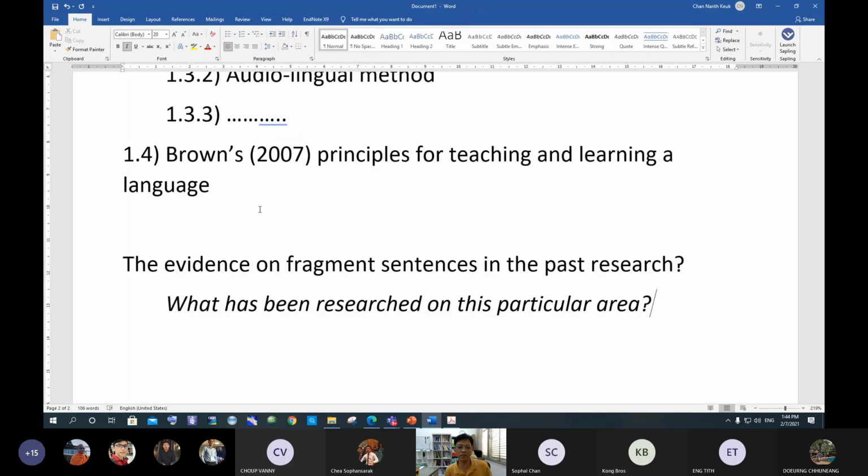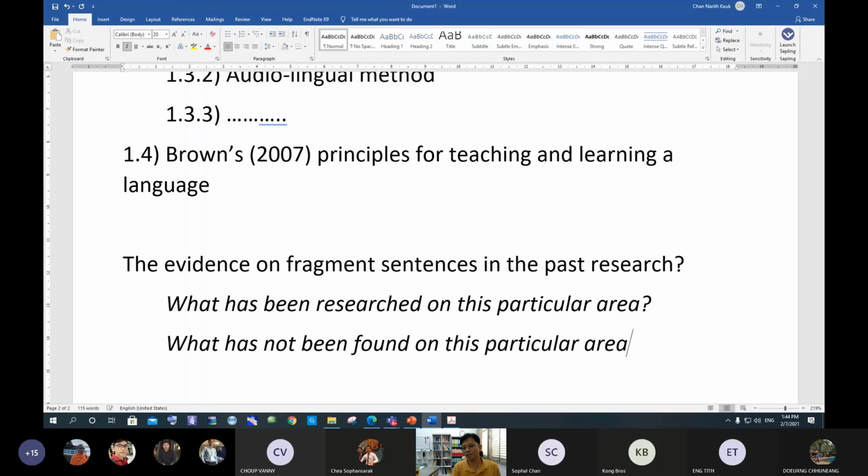What has been found in this particular area? So when you review the research articles, please make a list of what has been found in the previous research on fragment sentences, and then pay attention to what has not been found on this particular area.